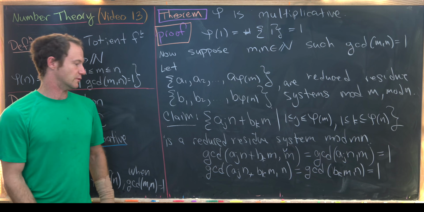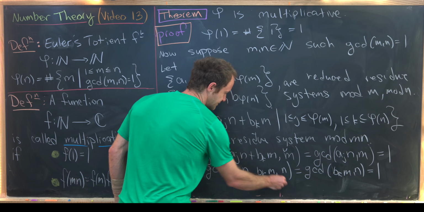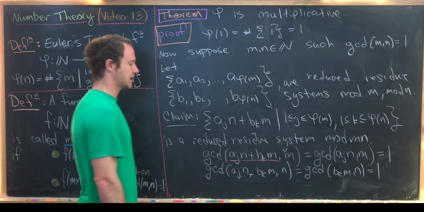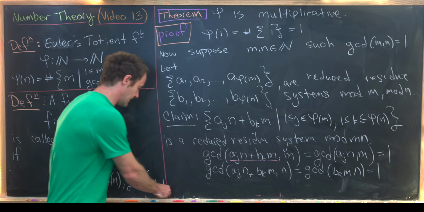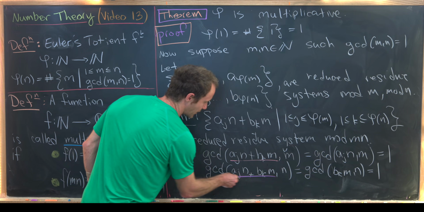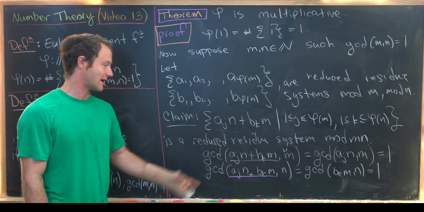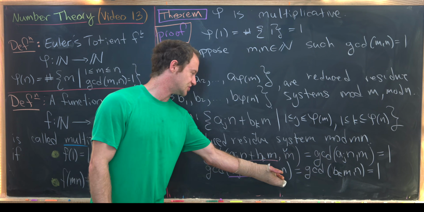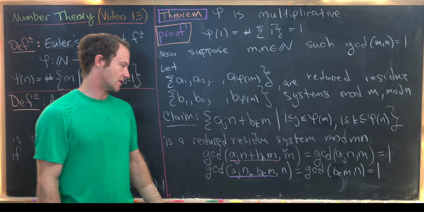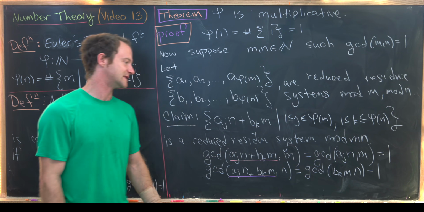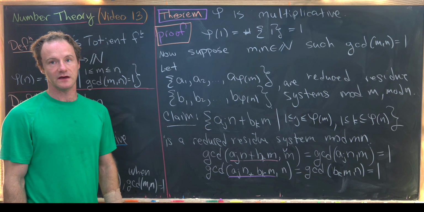But now let's look at what we've got. So we've got the GCD of this number right here, which maybe I'll underline in pink, with the number m is 1. And then this number that I'll underline in purple, which is the same as the number in pink, has a GCD of n with 1. But if those two pairs are both relatively prime to m and n, then they are relatively prime to the product of m and n.